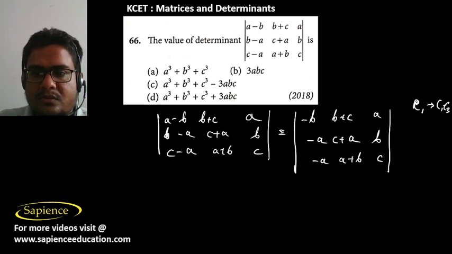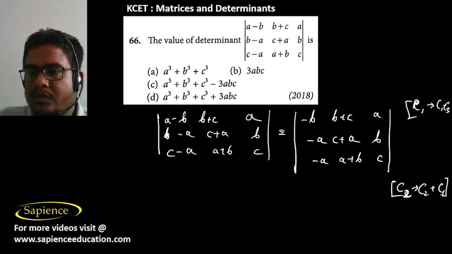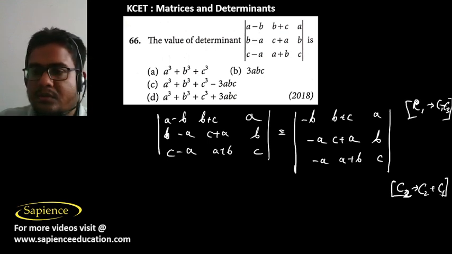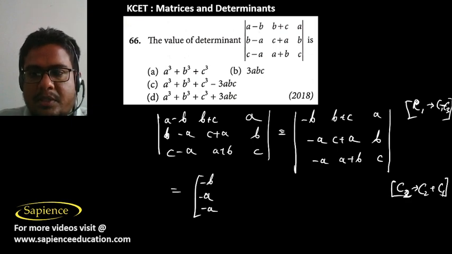Then we can do C2 goes to C2 plus C1. So we are applying the column operation. If we apply this column operation, then we will have minus b, a, minus a, minus a, and this is b plus c minus b, that is c, and this will be c, this will be again b, and this will be a, b, c.